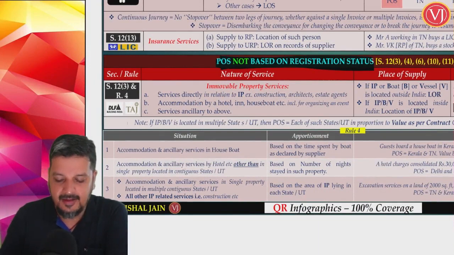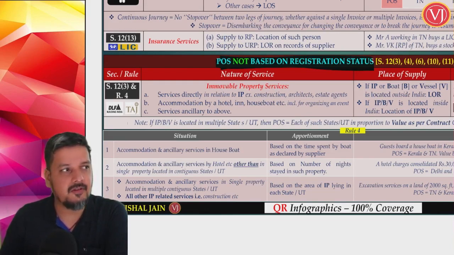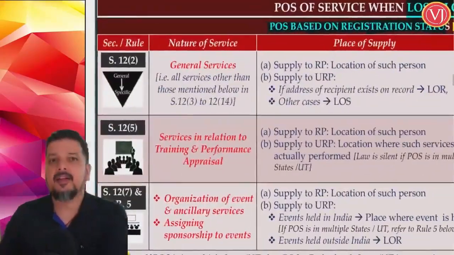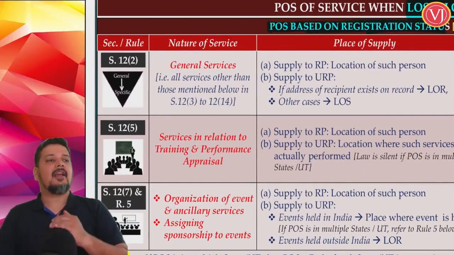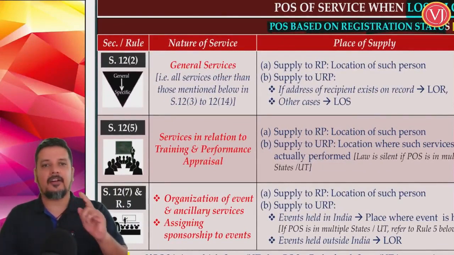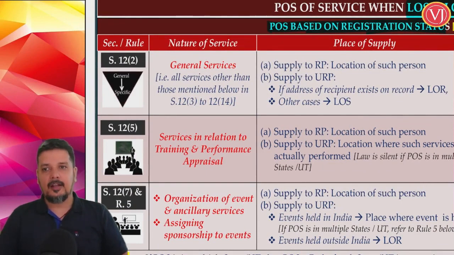Now when you talk about place of supply where answer is based on registration status of the recipient, there is a general case. If a particular service is not covered anywhere, you'll come here. If it is covered in special cases, you'll not come here.